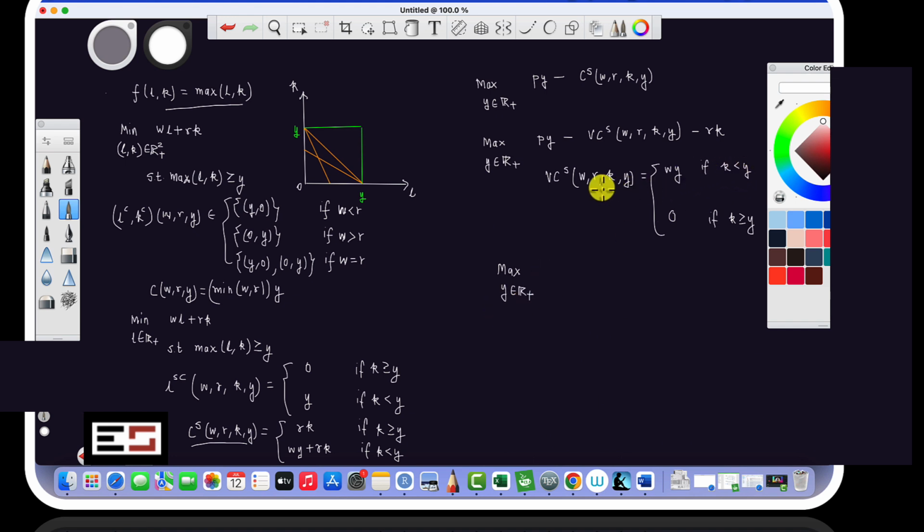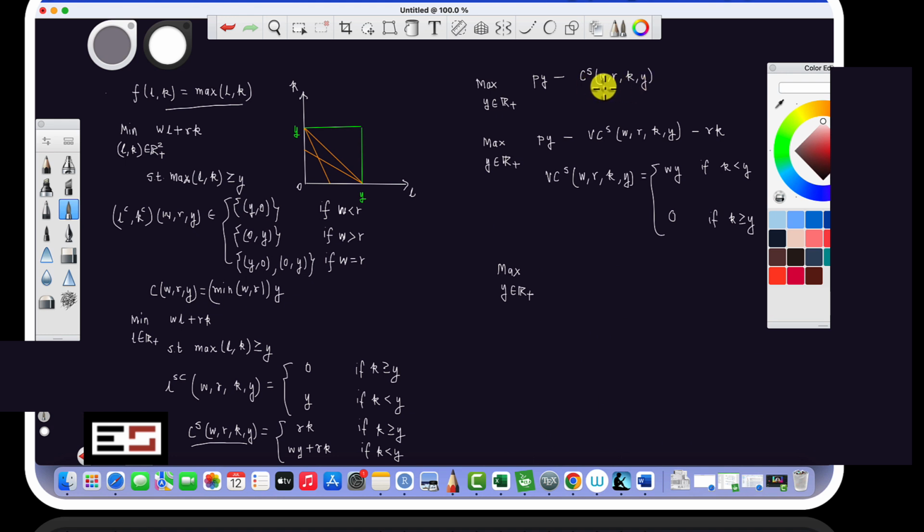Please note that variable cost does depend on y and on k; it doesn't depend on r.